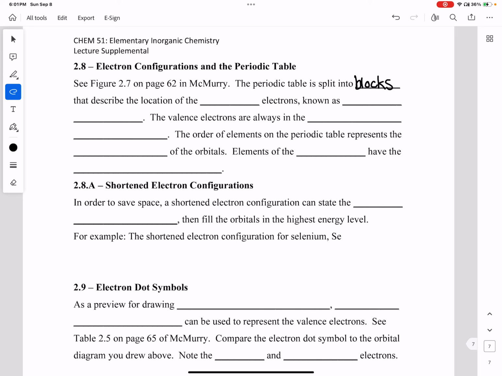And so what this is describing is the location of the outermost electrons. And those are known as the valence electrons. Valence electrons are always the highest energy S and P orbitals.